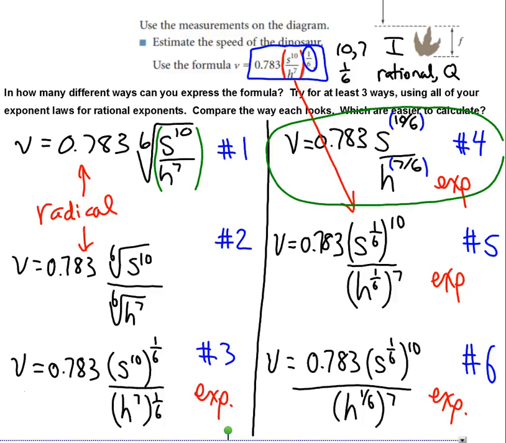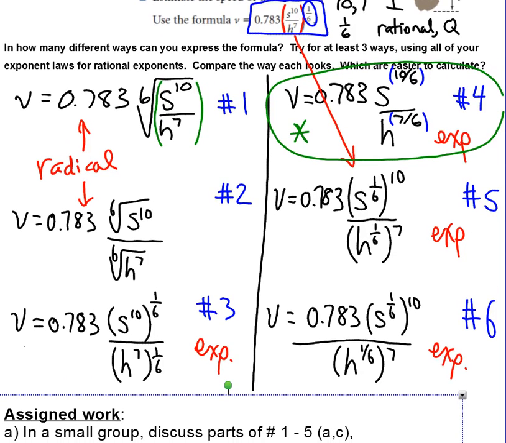So this might be my preference right here as the easiest one to actually calculate. I think there's more buttons that you'd have to press if you want to enter in a root or a radical. Okay, so that's a little bit of review and a little bit of application.